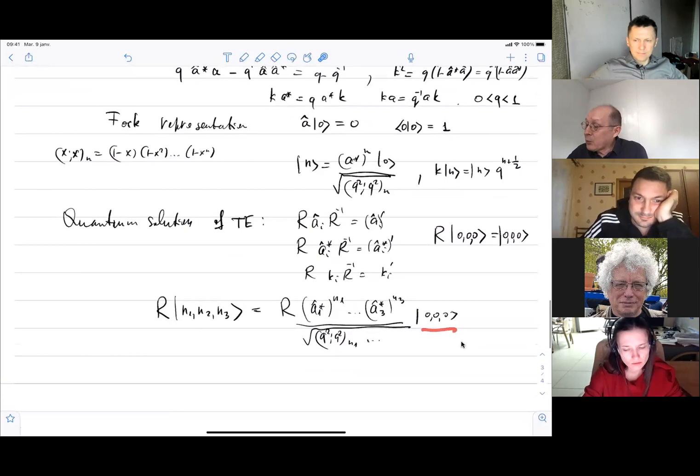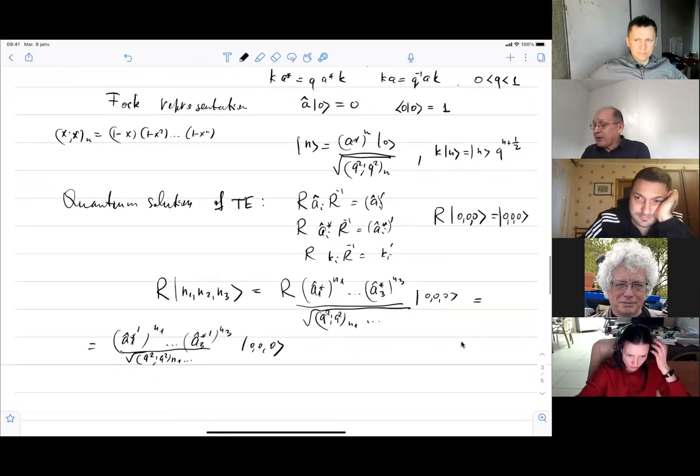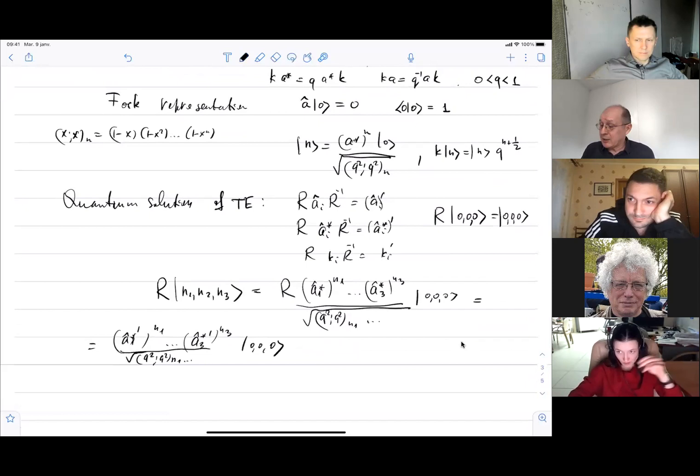So the result will be A1 star hat prime to the n1, A3 star prime to the n3, divided by the same normalization, acting on the vacuum.